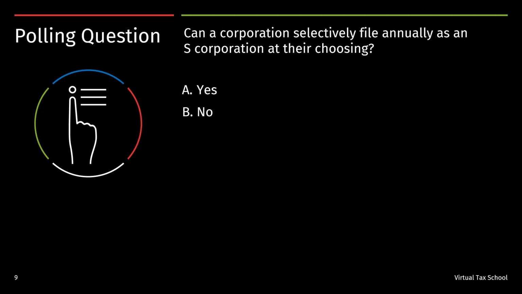Once you make the election, you should stick with it. Once you decide to elect, now why? Well, there's a number of factors. Again, we won't go too deep into those, but your earnings that have accumulated as a C corporation are still going to come to you as dividends you have to pay taxes on.